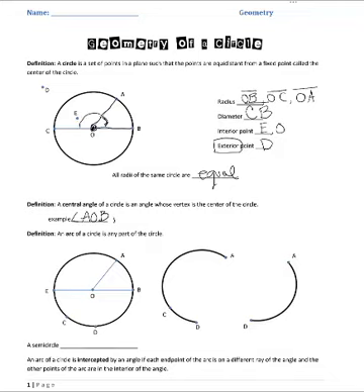Another angle would be this angle here, AOC. And actually this is an angle too. It's called a straight angle, 180 degrees. That would be COB or BOC.